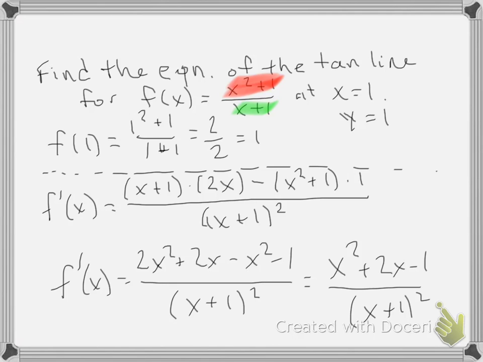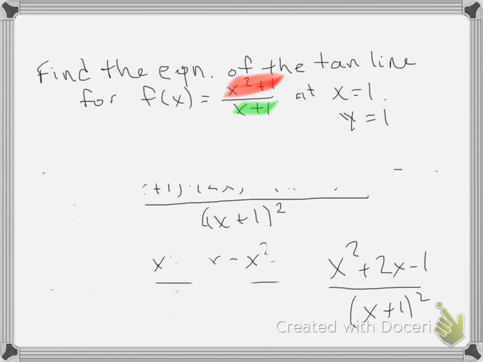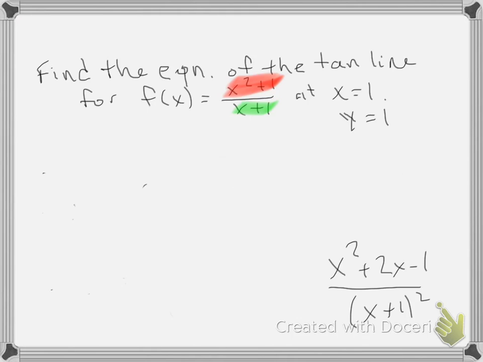So now that I have the derivative, I need to utilize that derivative to get my slope. So let's get rid of this work here, as well as this work here, so that we have the room that we need. There we go.